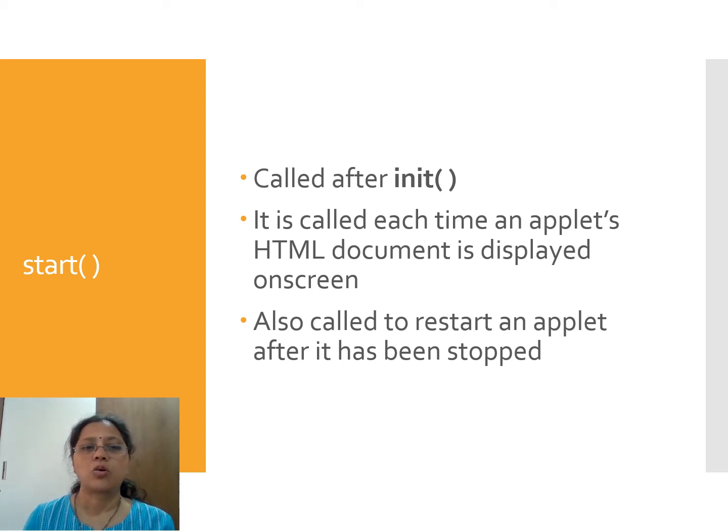It is called when you minimize and again maximize the HTML document. It is also called when the applet is restarted after it has been stopped. So whenever a user leaves a web page and comes back, the applet resumes execution at the start method.